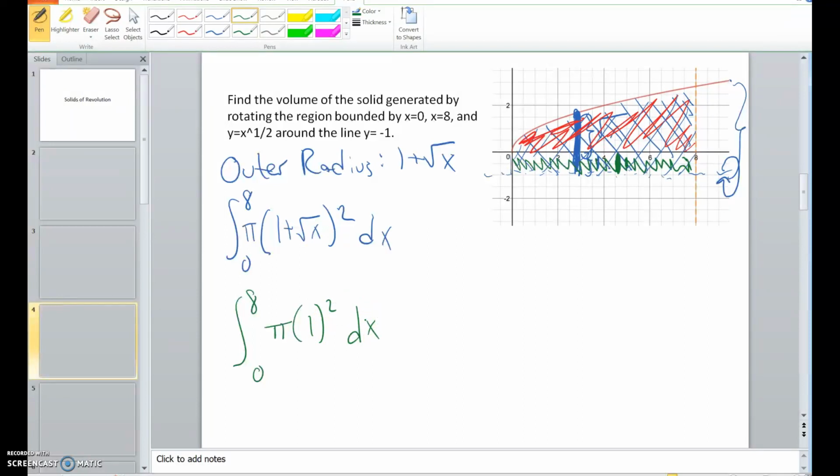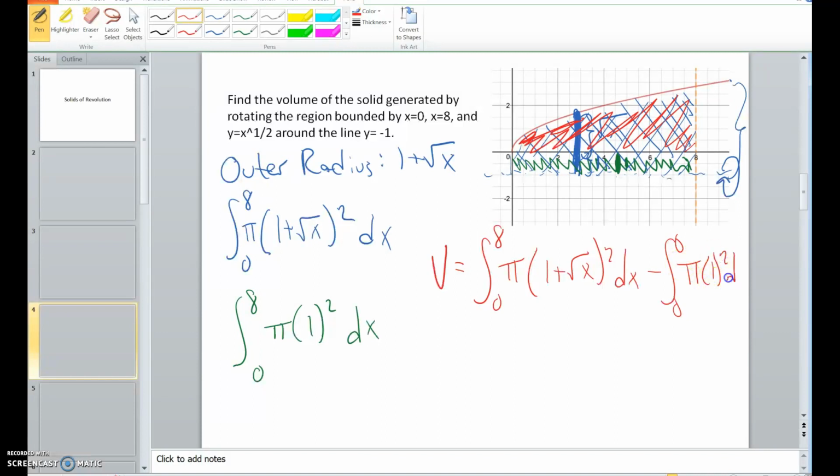And so the red region, the red volume that we are looking for, would be the volume of the big shape minus the volume of the little shape. And so you can put that in your calculator and figure out what that volume would be.